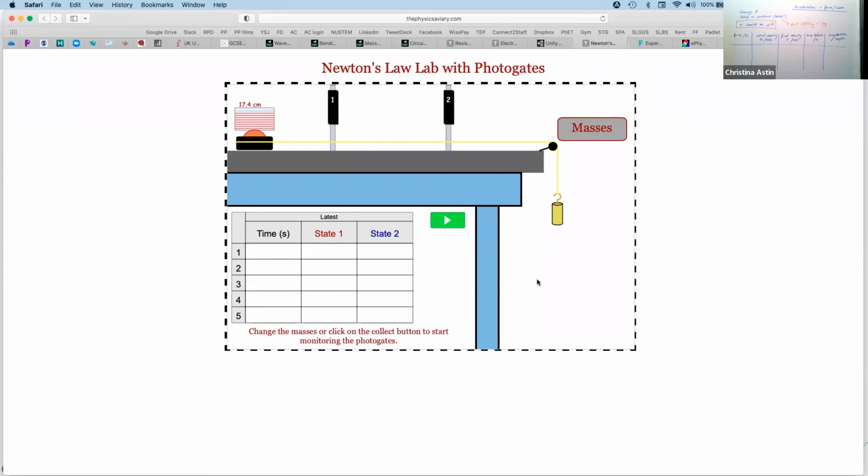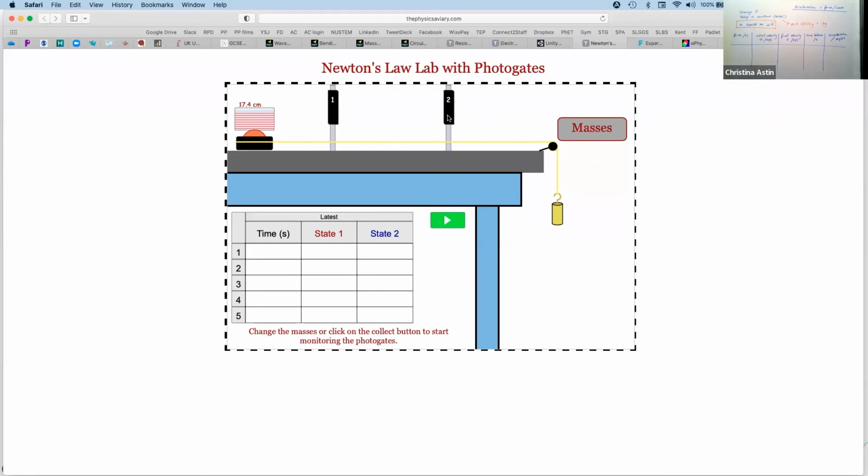Okay, now the next thing to notice is the length of the card sitting on top of the puck, which is going to go through light gate 1, and we'll measure the speed through light gate 1. And then it's going to go through light gate 2, presumably faster because it's accelerating.